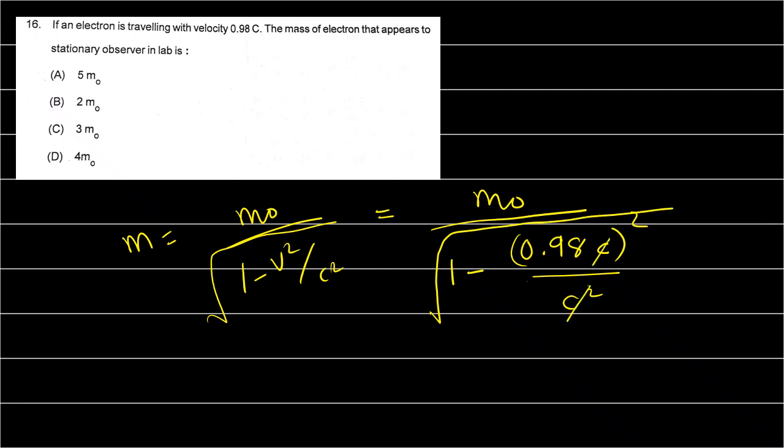If you solve this, square root of 1 minus 0.98 square, it comes to about 5. So the answer is 5 m0. So this is the answer.